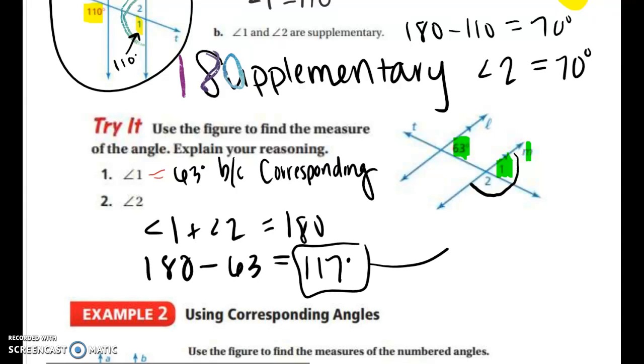This makes sense because angle 2 looks like an obtuse angle, which means it's bigger than 90 degrees. So we can tell that 117 would fit where angle 2 is.